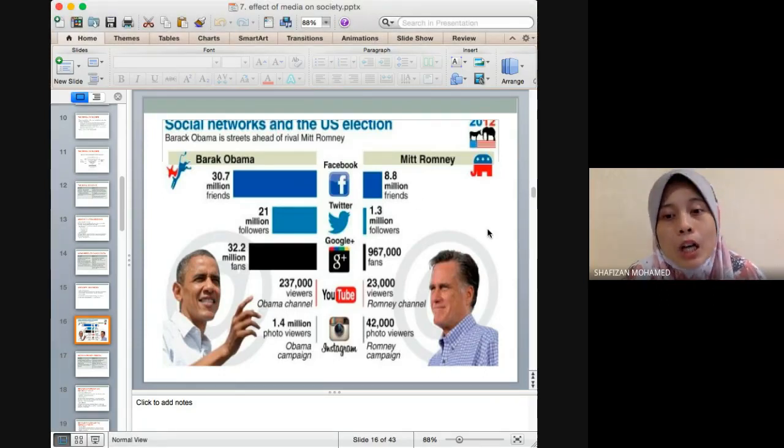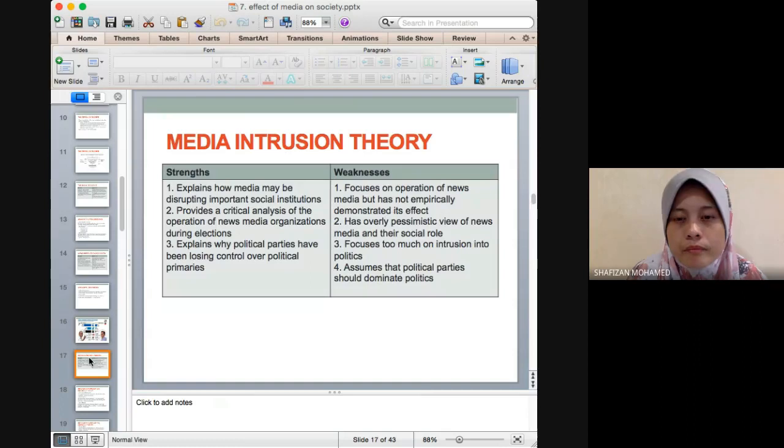But because he does not have the time or the expertise to use the media effectively, he has become the less prominent candidate. So this is where media intrudes, that media became the most important component in political life. Can you follow? This is just the logic of this theory.